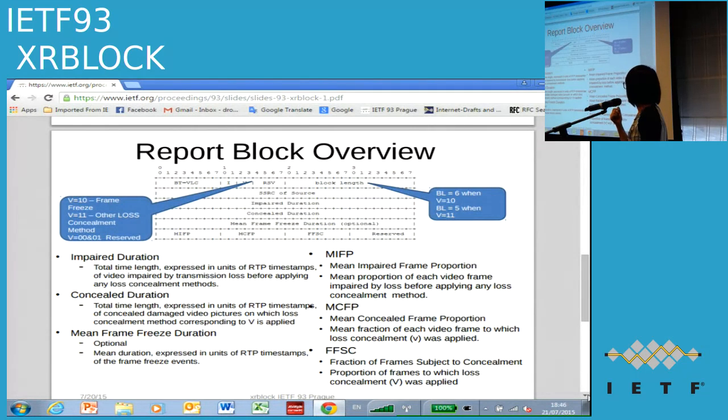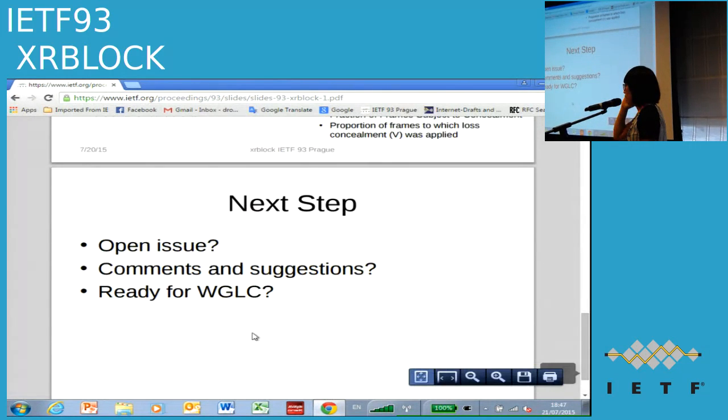MCFP, mean concealed frame proportion, indicates the mean fraction of each video frame to which loss concealment was applied. And FFSC, the fraction of frames subject to concealment, indicates the proportion of frames to which loss concealment was applied. Okay, next please.